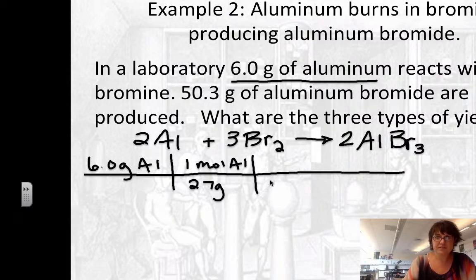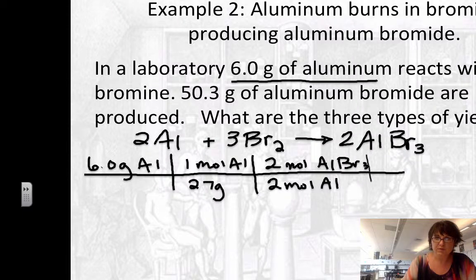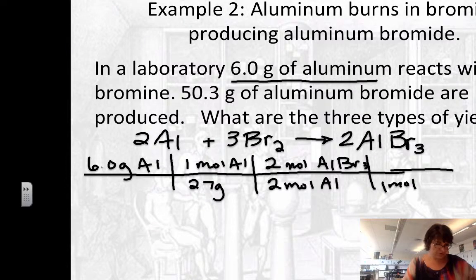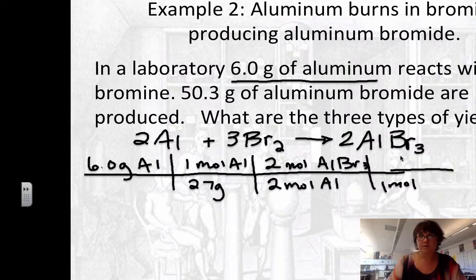And then my balanced equation says I need 2 moles of aluminum for every 2 moles of aluminum bromide. And now I need the mass of aluminum bromide, 1 mole. Don't forget, there's 3 bromines here. So add 3 bromines together with 1 aluminum, 267 grams per mole of aluminum bromide.